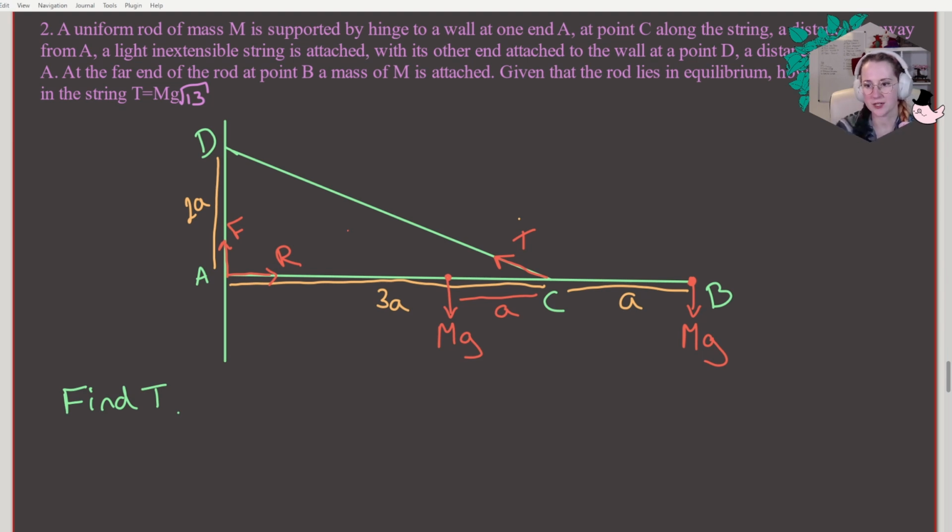The first thing I want to do is, because I want to talk about perpendicular moments, when we talk about moments, everything is very nicely working in line with the horizontal rod. So I want to try and figure out what this is. I need to look at the sort of triangle that we're making here, so I'm going to chuck an angle theta in here.